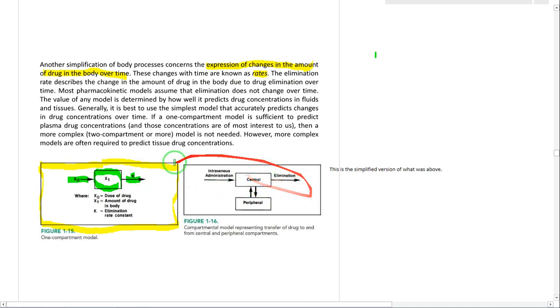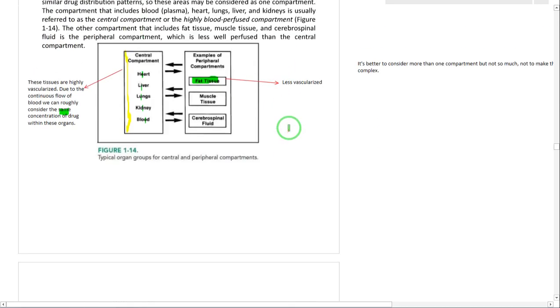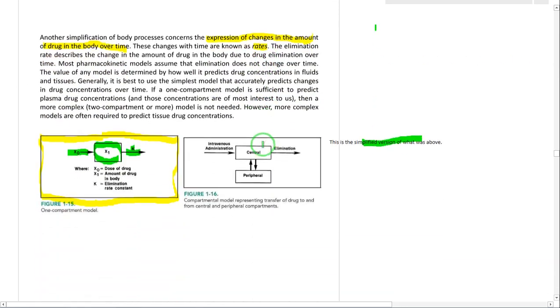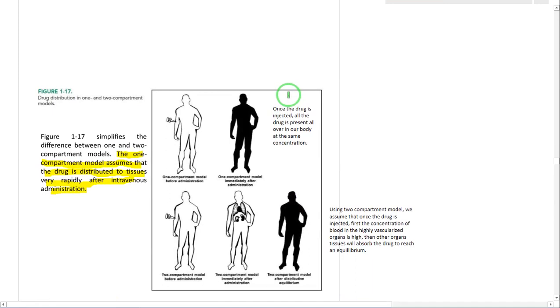Well, this scheme is just a simplified version of what we saw above, where we just consider central and peripheral compartments at which a certain amount of blood enters and some will be eliminated.